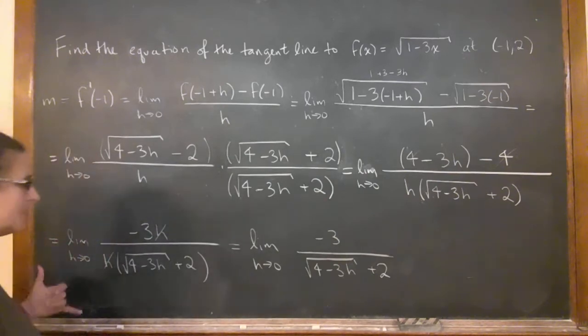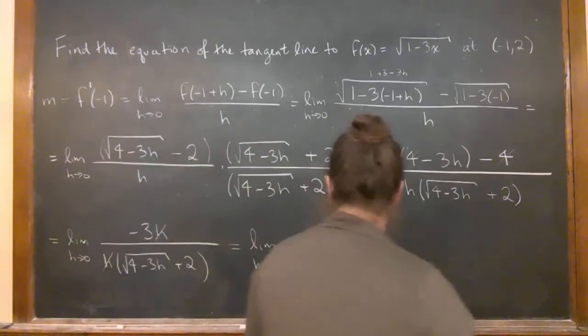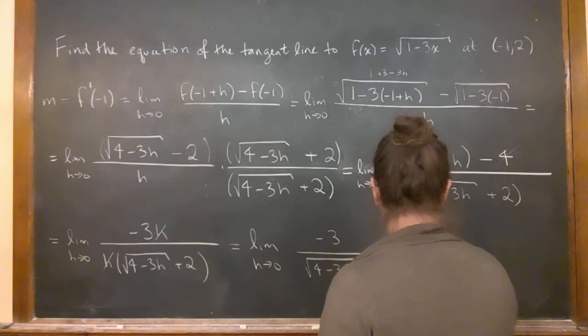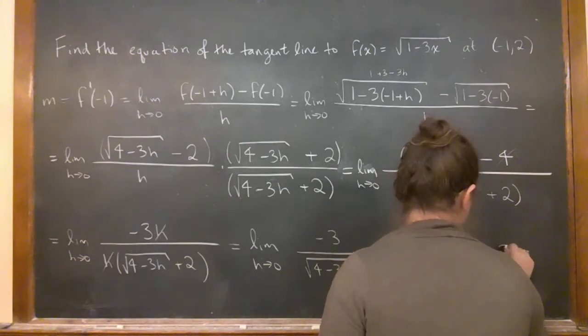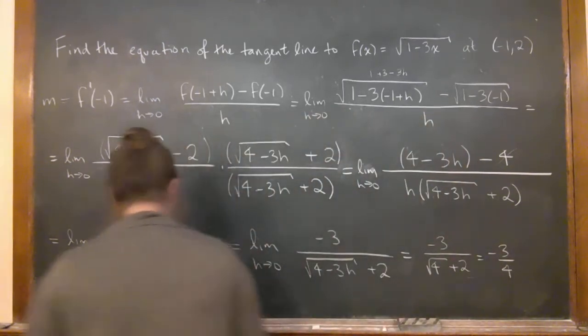Now, for the first time, because my h's have canceled, I can take h to 0 and not get 0 over 0. What do I have? When I take the limit, I have minus 3 over root 4 plus 2. So I have minus 3/4. So that's the slope of my line.